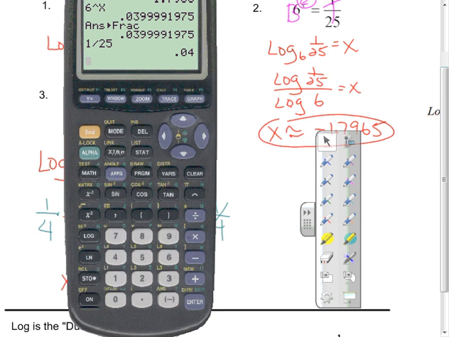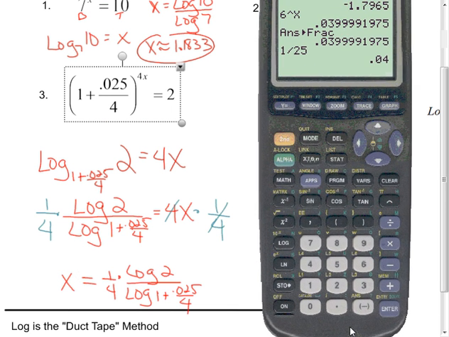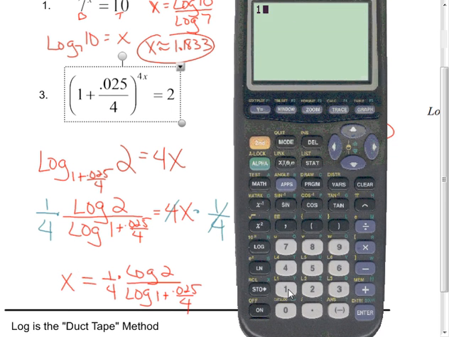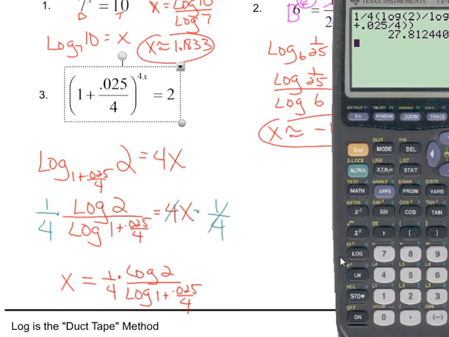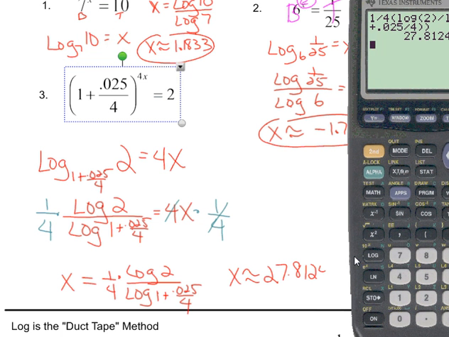From there, I go on my calculator, okay, and just do 1/4 times log 2 divided by log 1 plus 0.025 divided by 4, closing that set of parentheses off, and closing it off again for the distribution of the 1/4, and it gets me 27.8124, which is, again, an estimate.